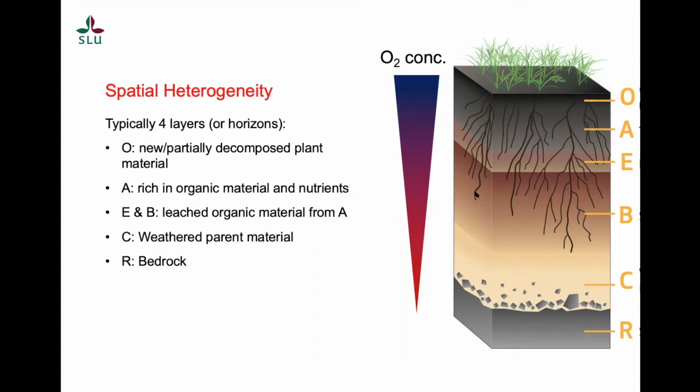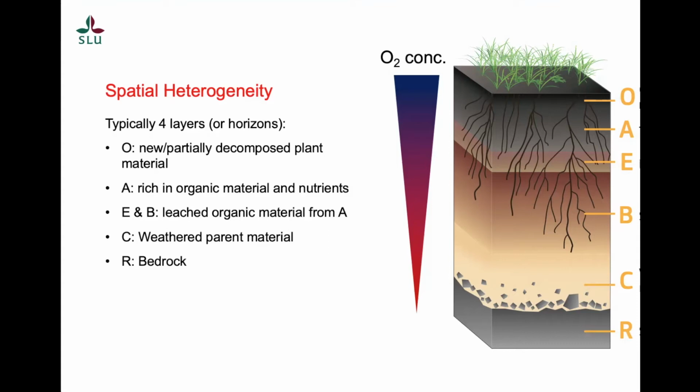And as you go further down, you have the E and B horizons. Here it says loss of material. Of course, when it rains, organic matter that is being decomposed by microorganisms leaches into this area.